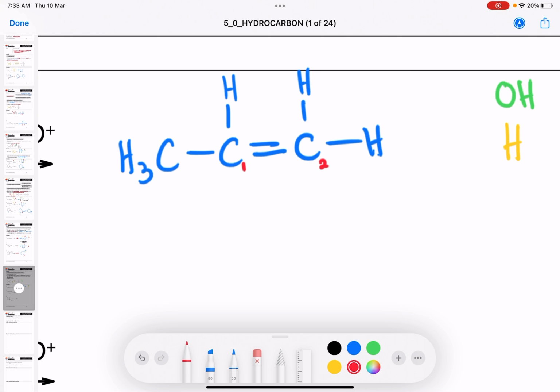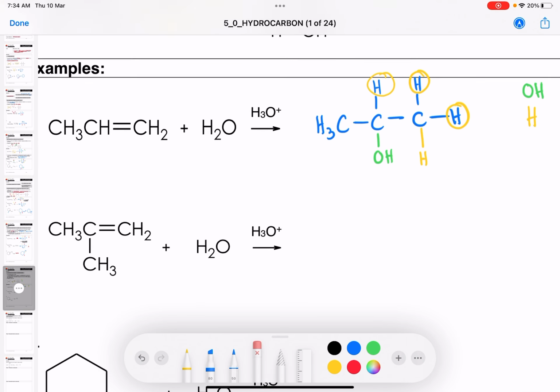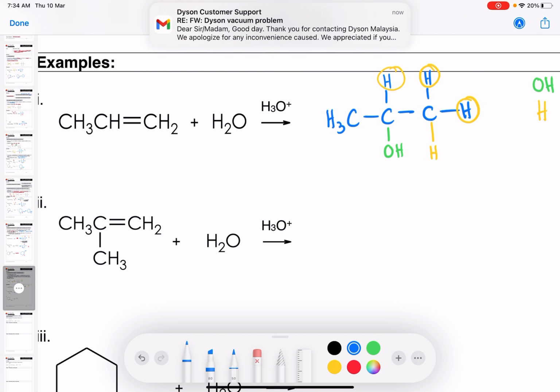Hydrogen will go to carbon number 2 because it has more hydrogen, whereas OH will go here because it has less hydrogen. Okay, but don't forget again, the double bond will become a single bond. So it produces alcohol as product. Is there any anti-Markovnikov rule here? No. Anti-Markovnikov again only applies for HBr with peroxide. So let's proceed.